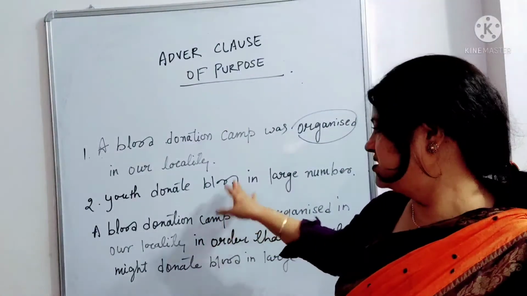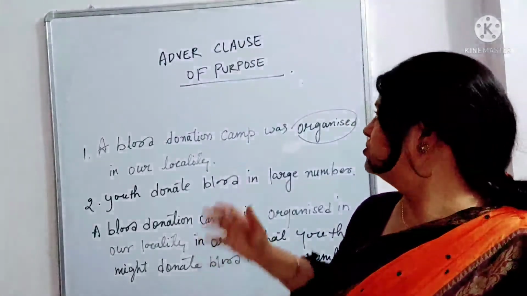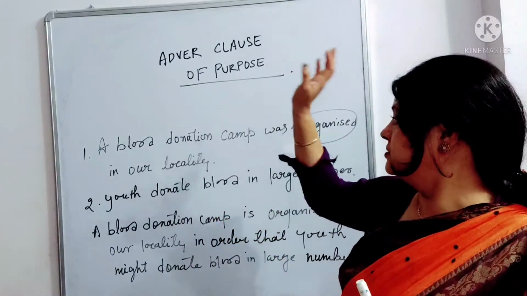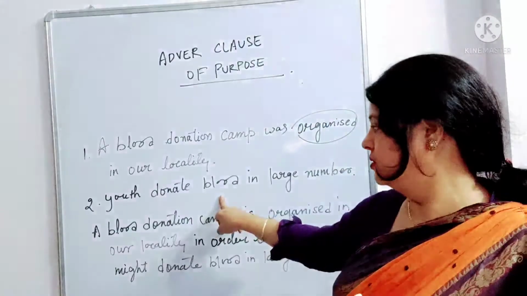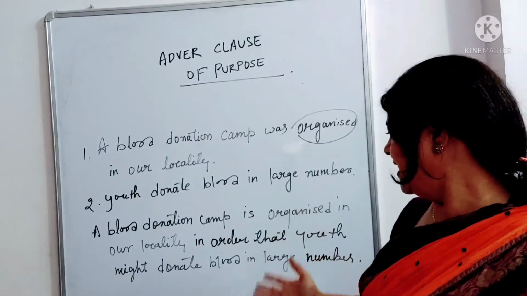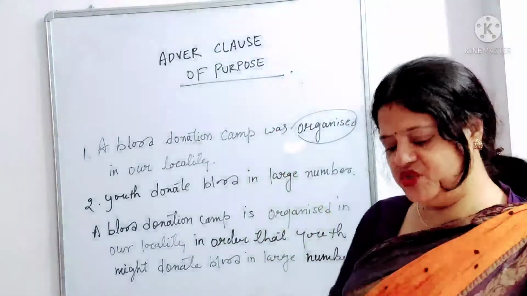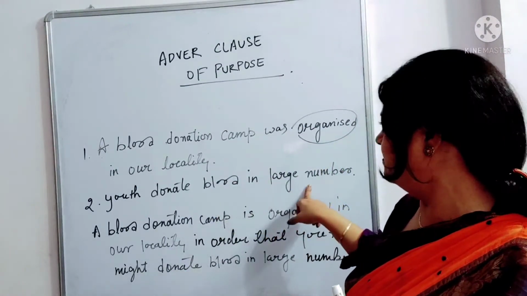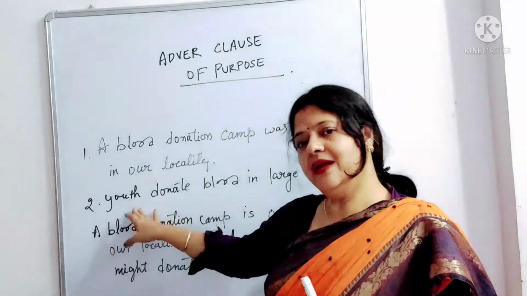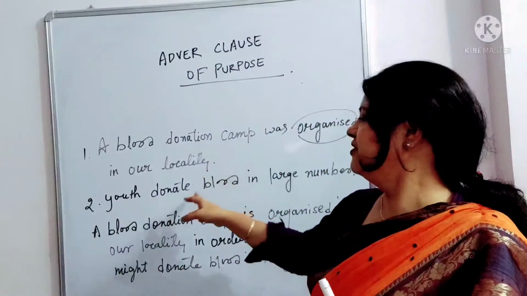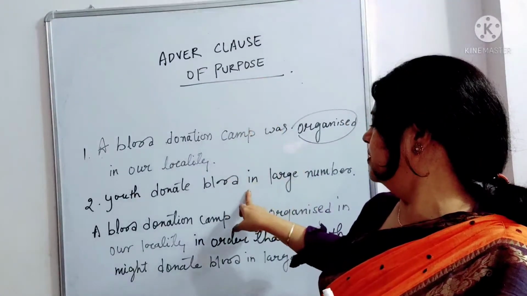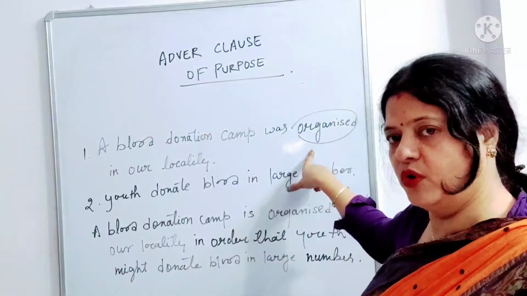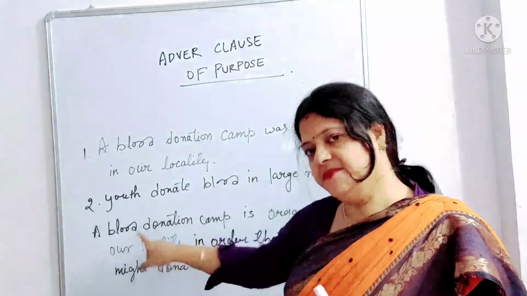Since this second sentence is showing purpose, I'll write in order that, or so that, whatever you can write, both these two conjunctions can be used. After adding a conjunction, it will become a subordinating adverb clause of purpose, modifying this verb organized in the principal clause.